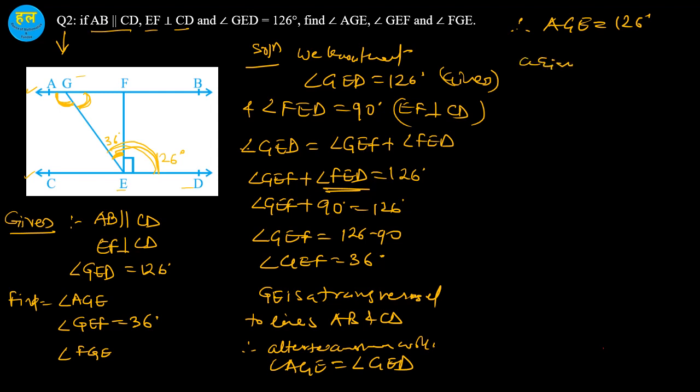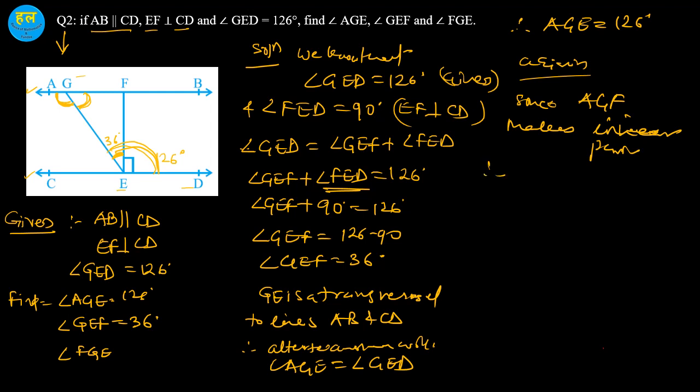Again, since AGF makes linear pair, therefore AGE plus FGE will be equal to 180 degree.